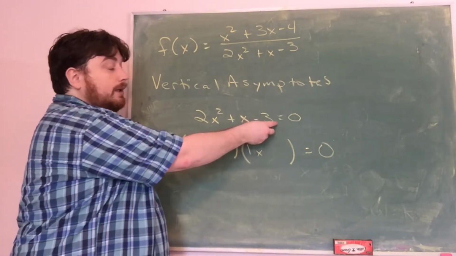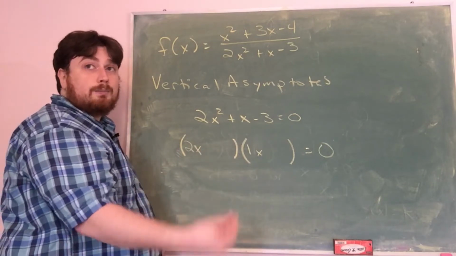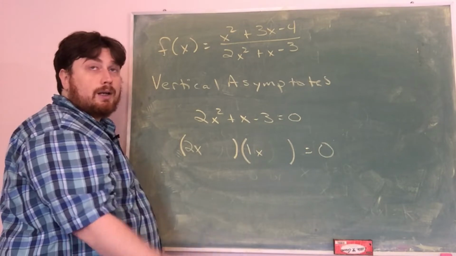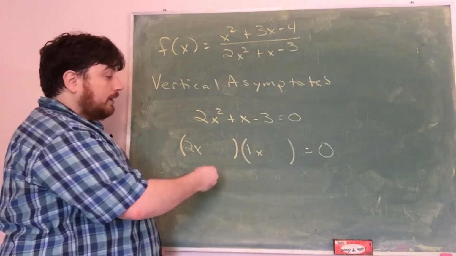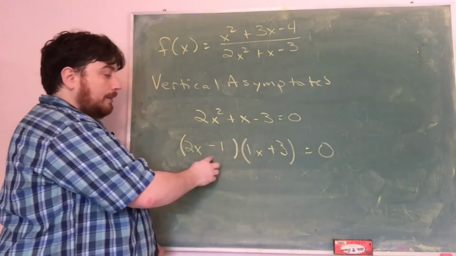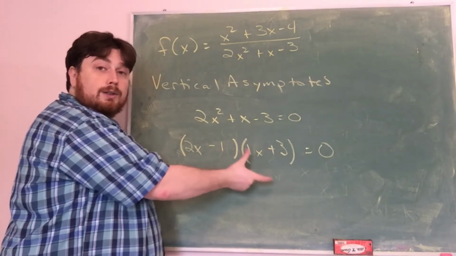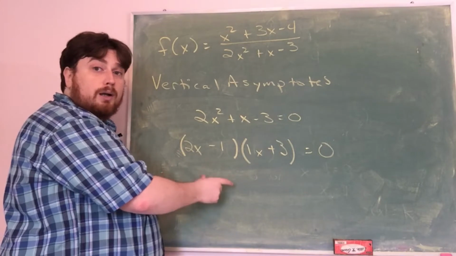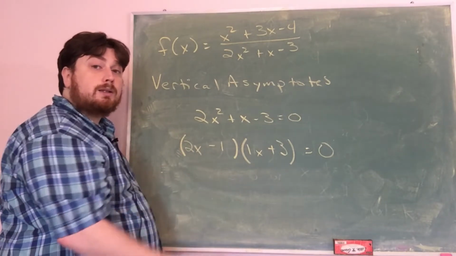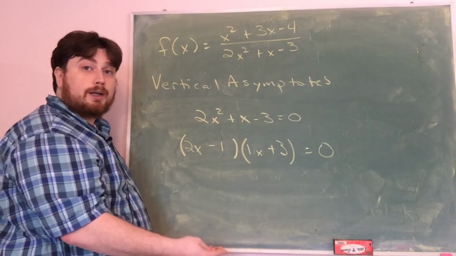And the only factors of -3 are -1 and +3, or +1 and -3. And so somehow one of these is going to be -1 and +3, or +1 and -3, and I might have to switch the order, but we know that the factors are going to end up looking something like that. So now to determine which one it is, we're just going to multiply and add together.